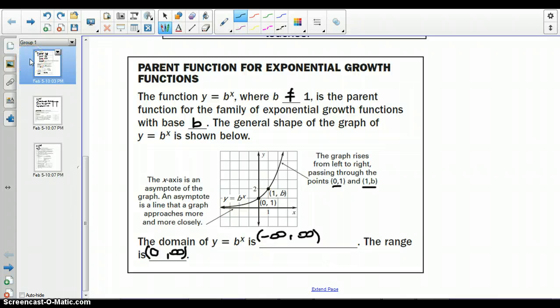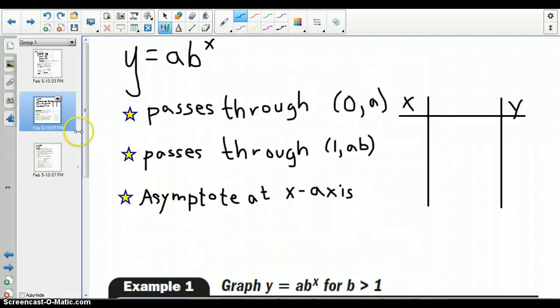Okay, so now that we know how to graph the parent function, let's look at what happens when we have something happening to the parent function, some sort of change or alteration to the exponential growth function. So we have y is equal to a times b to the x. What changed here is that now we have an a in front of it.